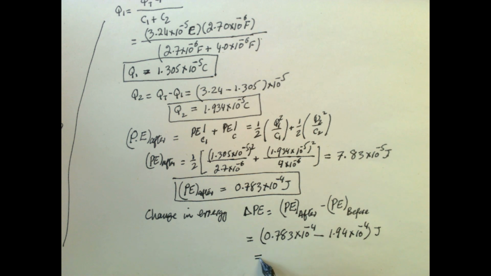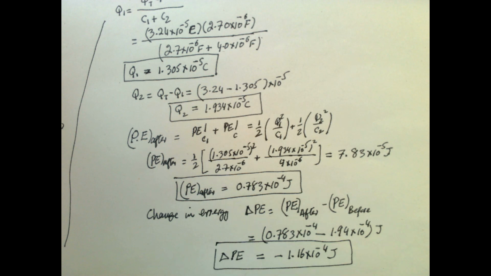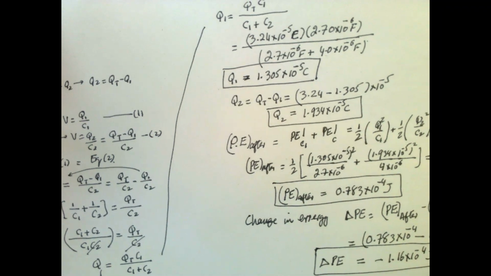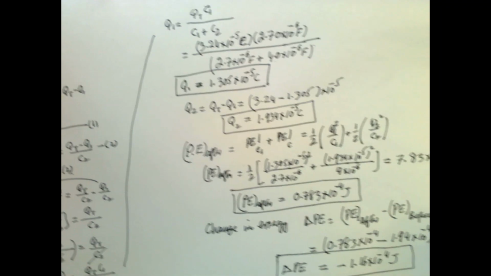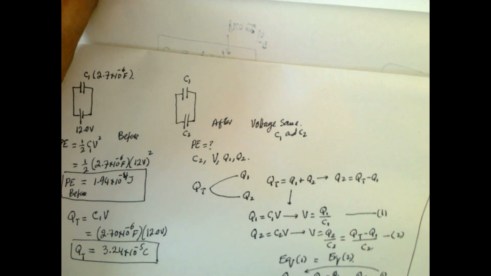So the answer is minus 1.16 times 10 power minus 4 joule, the change in electrical potential energy. So it's reduced. So this is the answer of this question.